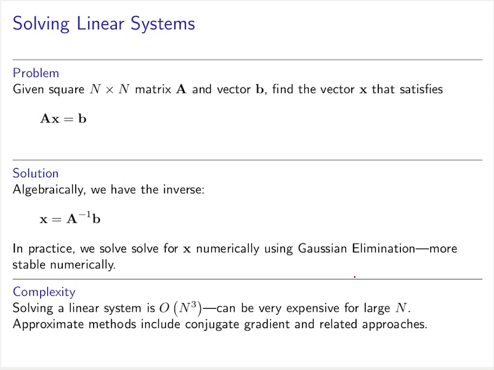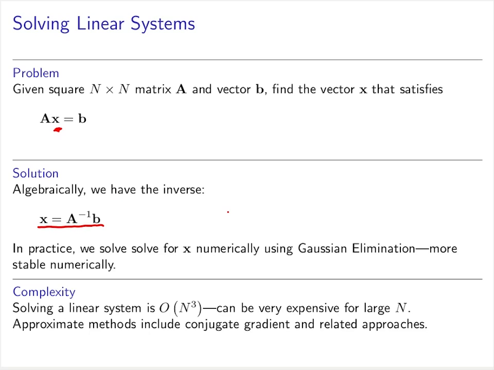The inverse of a matrix is theoretically important if you would like to solve a square linear system. We have a square matrix A and a vector B and would like to find a vector X such that A times X is B. If the inverse exists, you can solve this nicely according to this formula, but in practice, of course, we would never do this.